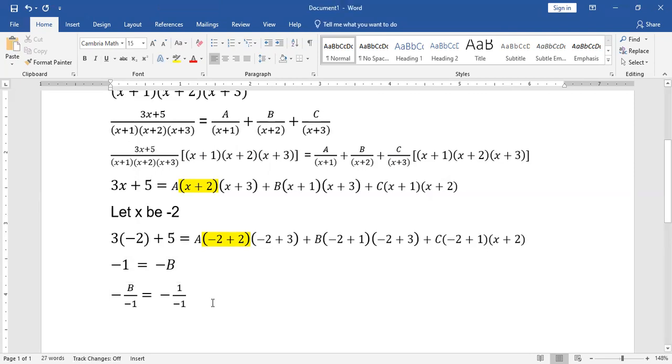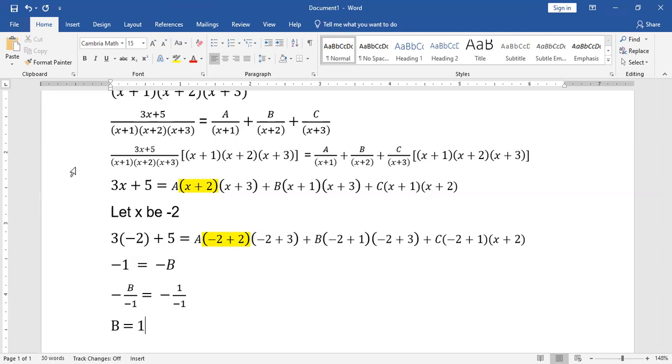All right. So we can conclude here to say b is actually equal to 1, because negative b divided by negative 1 will give us b, and negative 1 divided by negative 1 will give us 1. So b is actually equal to 1. All right.